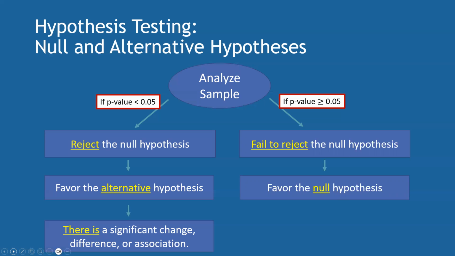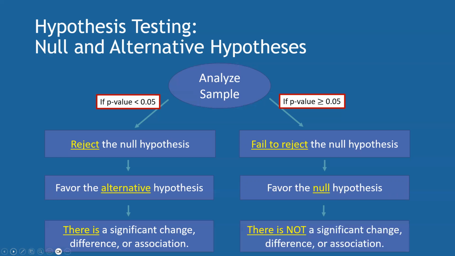So it's a little bit of wordplay, with some double negatives going on, but just remember that we fail to reject the null hypothesis, we favor the null. This indicates that there's not a significant change or a significant difference or association. So for this 2-sample t-test, we'll say that there is not a significant difference between the means of the 2 groups.